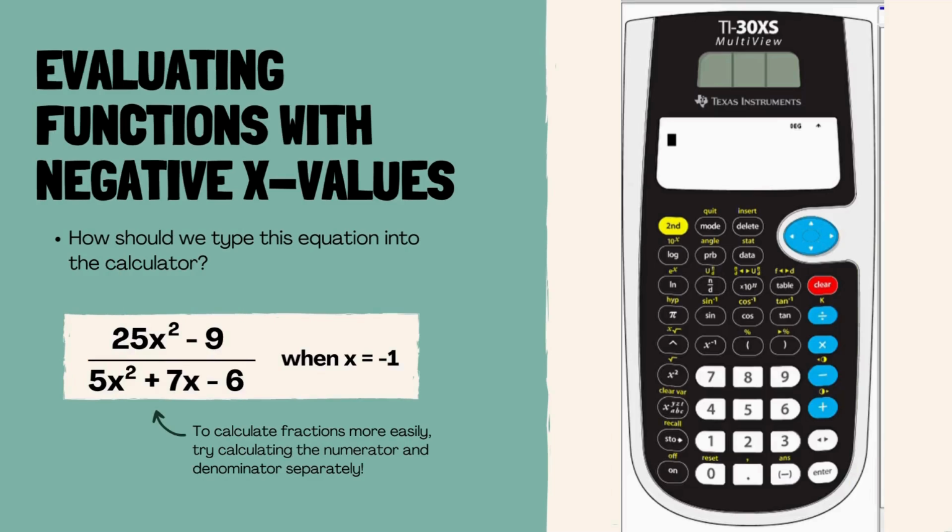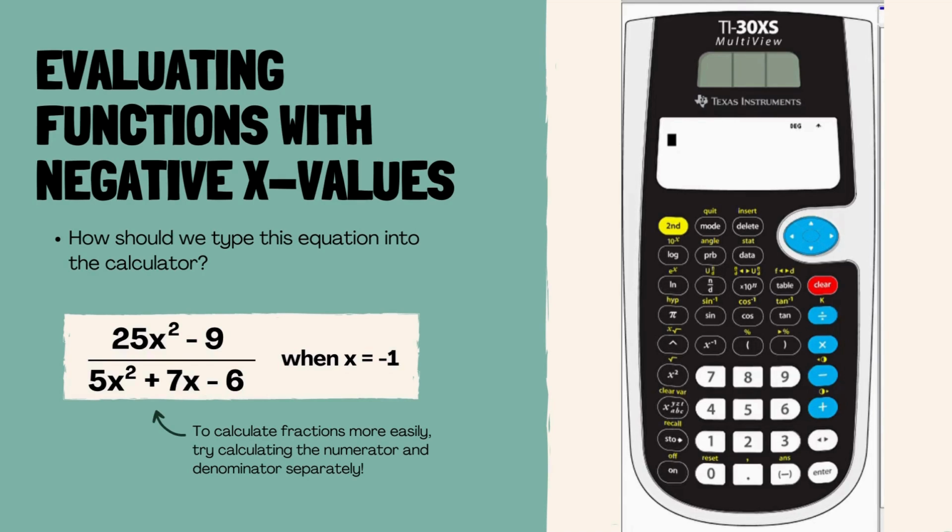Now, let's try calculating one more example. Let's try to calculate 25x squared minus 9 over 5x squared plus 7x minus 6 when x is equal to -1. So let's separate this into two parts and first do our numerator, and then we will calculate for our denominator.